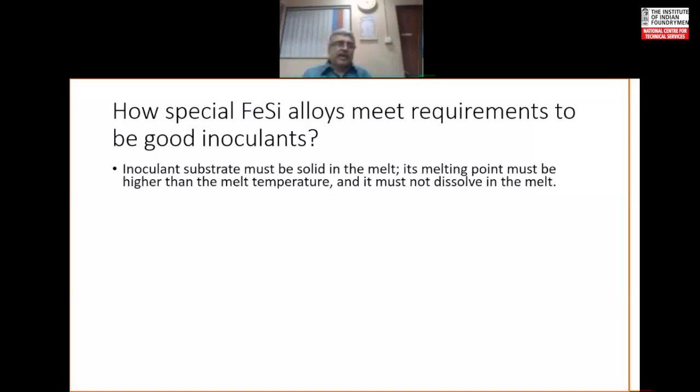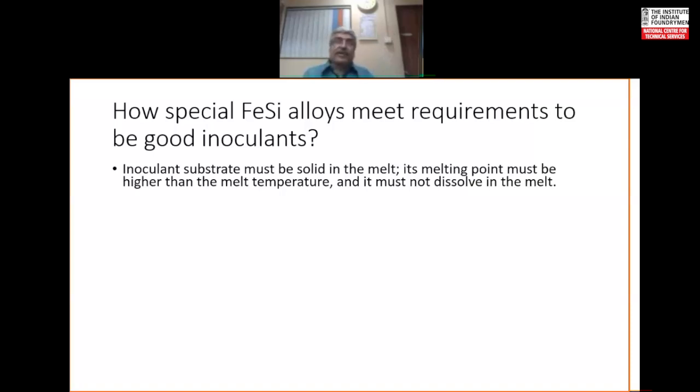So we will see that the inoculant substrate must be solid in the melt, and its melting point must be higher than the melt temperature. So the chemistry of these ferrosilicon alloys is very crucial. The chemistry and the way they are solidified should be such that they will not dissolve very readily into the melt.